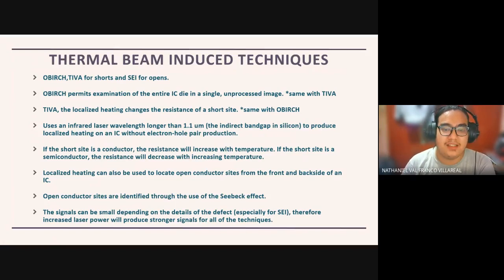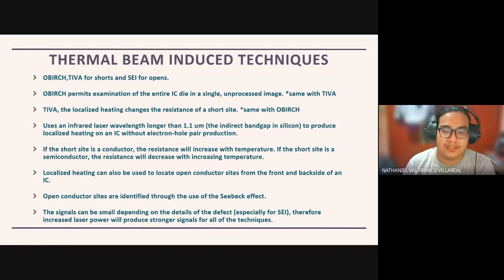Localized heating can also be used to locate open conductor sites from the front and the backside of an IC. If TIVA and OBIRCH can locate short sites, SEI can do the same, but for open conductor sites from the front or the back.